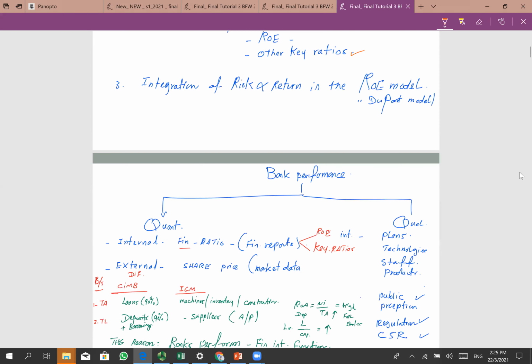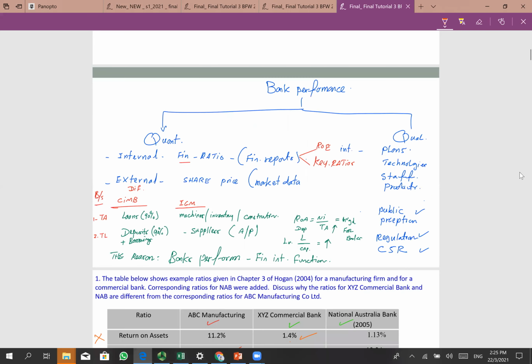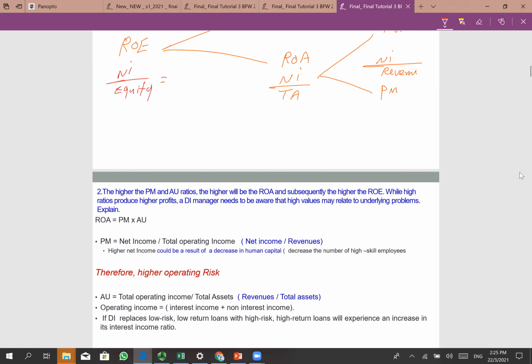So the third thing we want to talk about is the integration of risk and return, and this you have to understand, which is coming to this question. Question number 2.